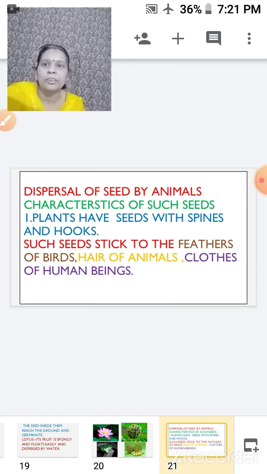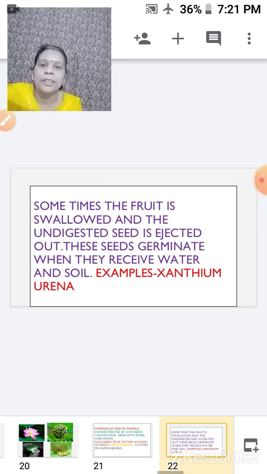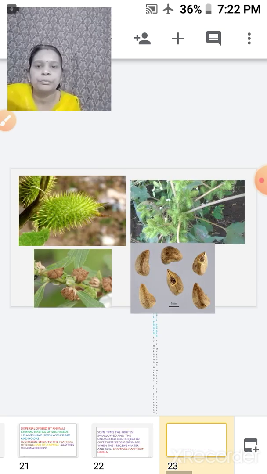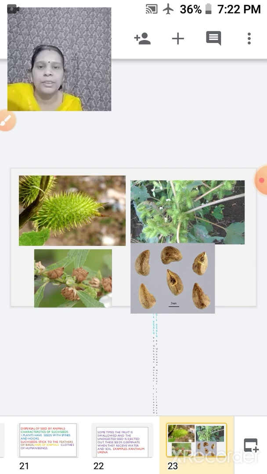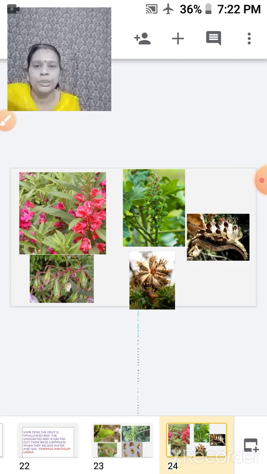They stick to your clothes, and in that way they are carried from one place to another. The examples for such plants are xanthium and urina. Here you can see the pictures of such plants, the xanthium and the urina.